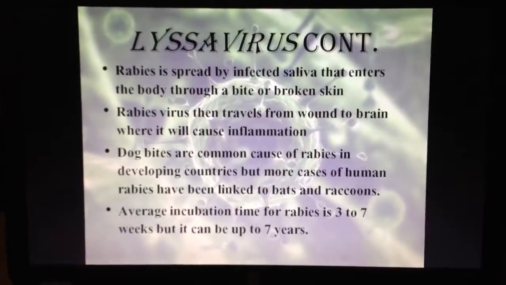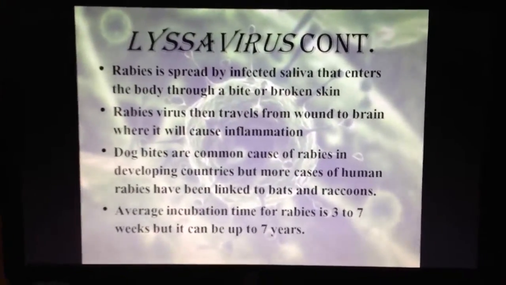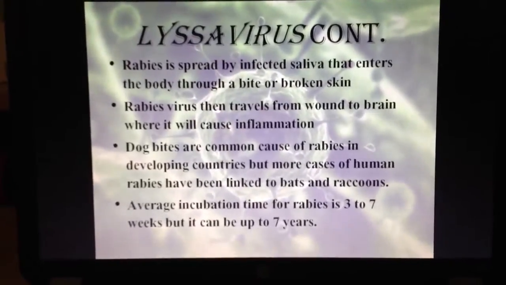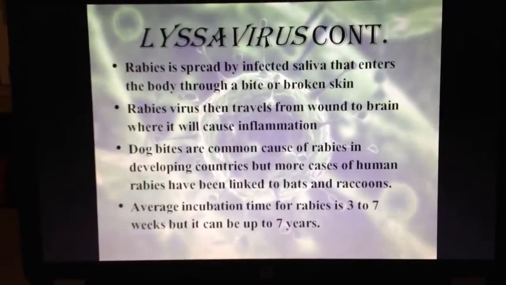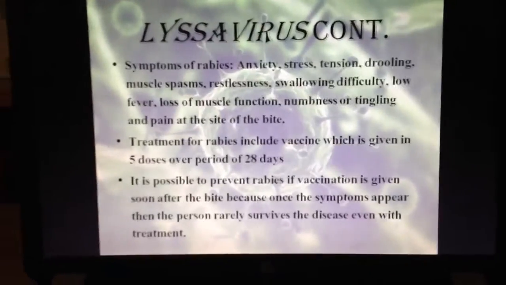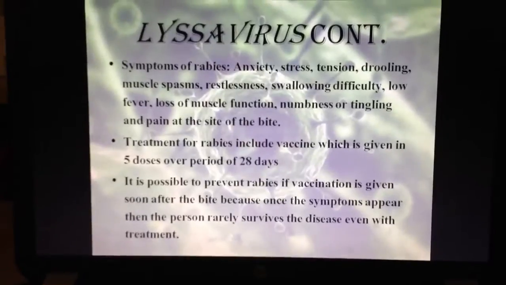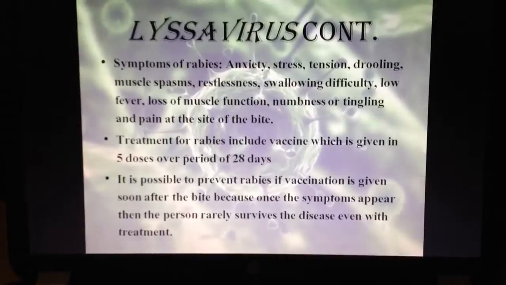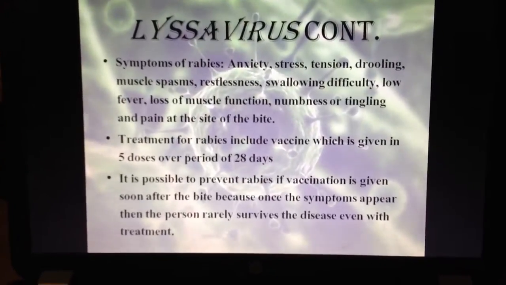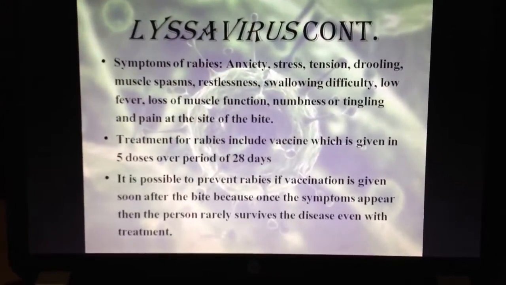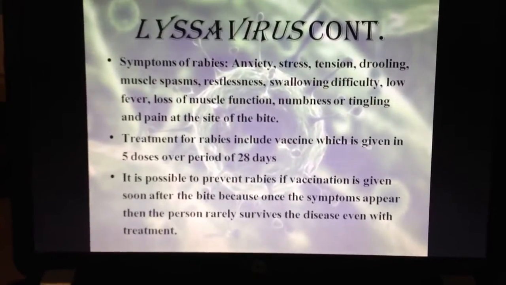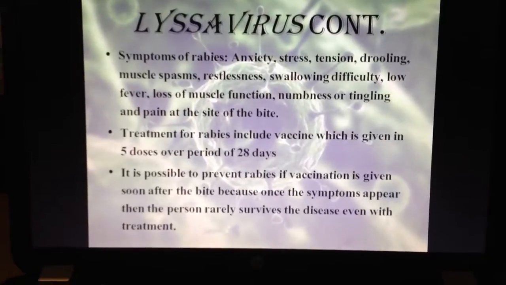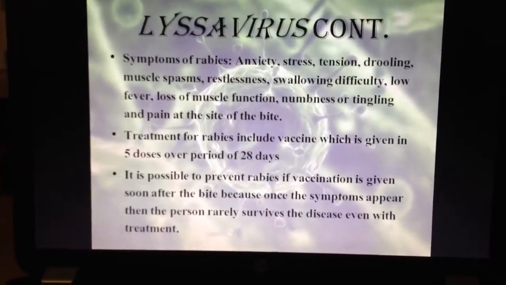Average incubation time for rabies is 3 to 7 weeks, but it can be up to 7 years, and by incubation time I mean the time between the bite and the symptoms. The symptoms for rabies include anxiety, stress, tension, drooling, muscle spasms, restlessness, swallowing difficulty, low fever, loss of muscle function, numbness or tingling, and pain at the site of the bite.